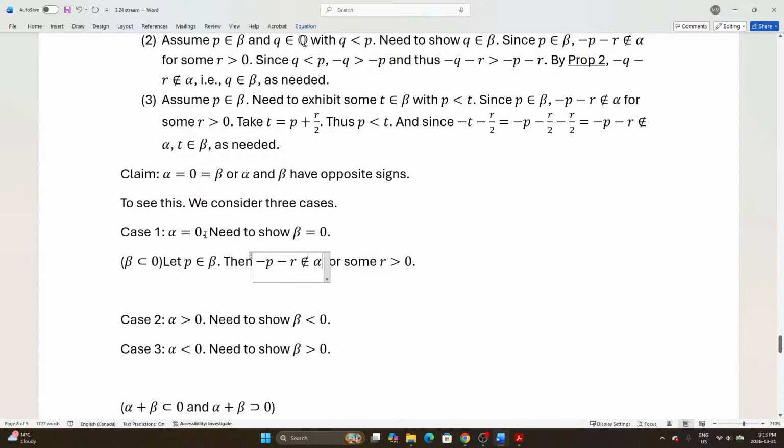So alpha here is 0, so that means minus P minus R is greater or equal to 0, since in this case alpha is 0.